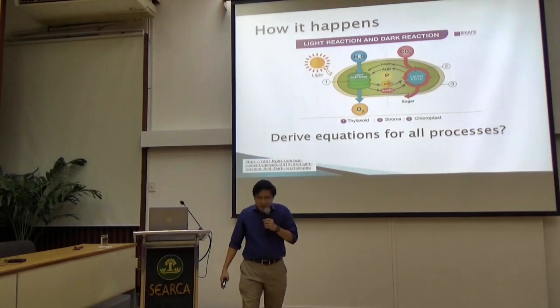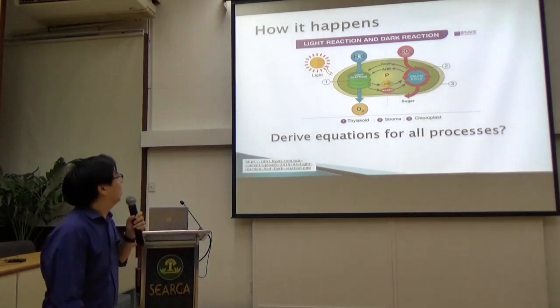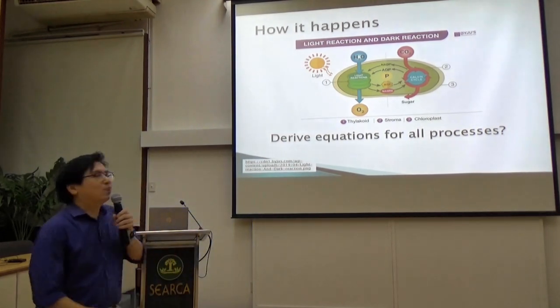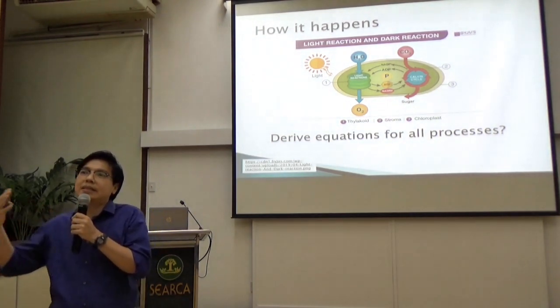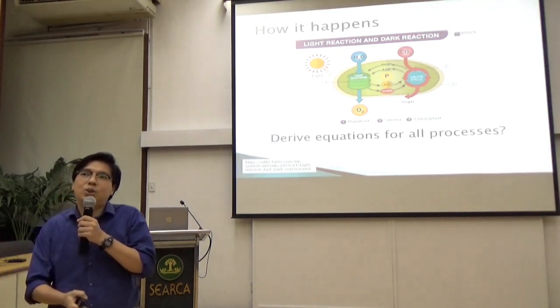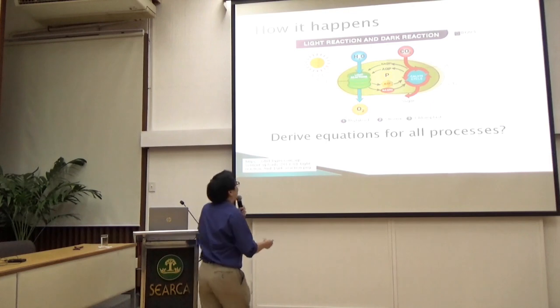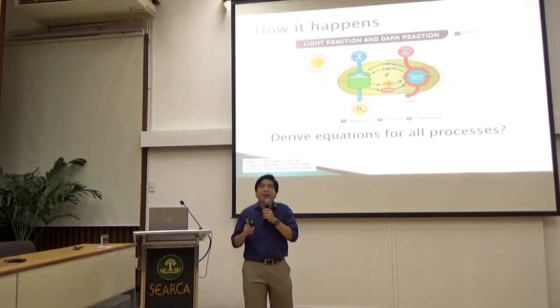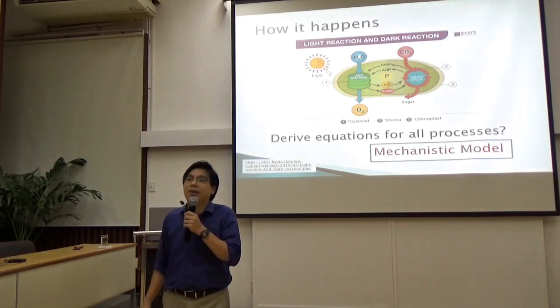No? So, kung gusto mo mag-model, you have this thing. No? You derive equations for all the processes. You see what I'm trying to do here, no? There's photosynthesis, and it's a complicated process. So how do you get the equations to describe photosynthesis? You derive equations for all processes. That's one way. And usually we call that the mechanistic model.